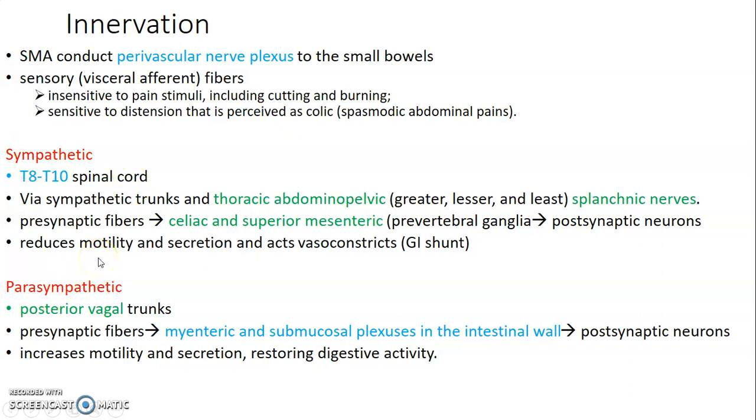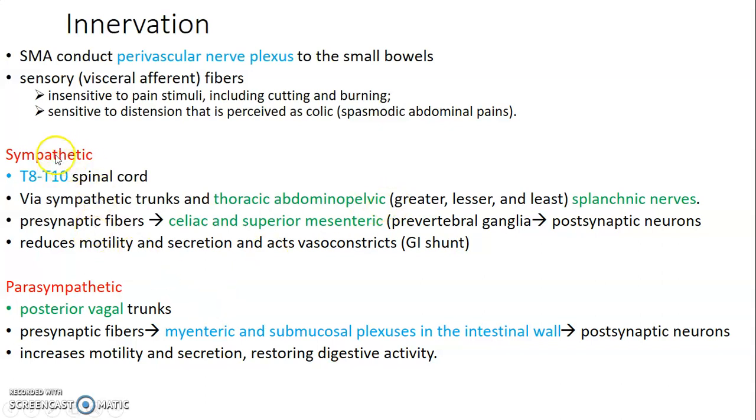Sympathetic fibers come from T8 to T10 of the spinal cord. The nerves go to the sympathetic trunks and the thoracic abdominopelvic splanchnic nerves. Which are these? They include the greater, lesser, and least splanchnic nerves.